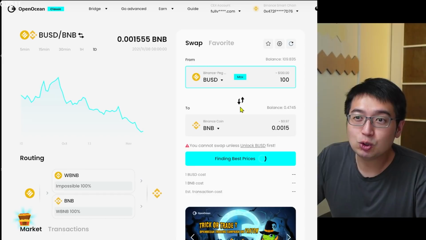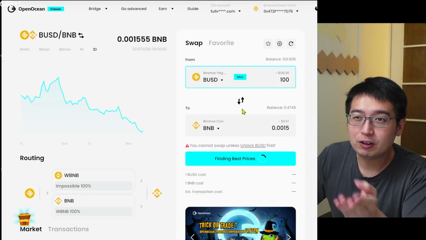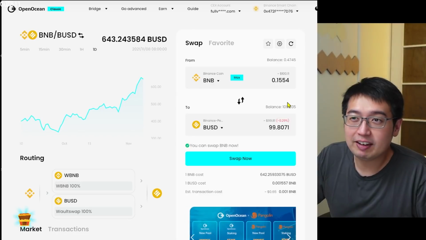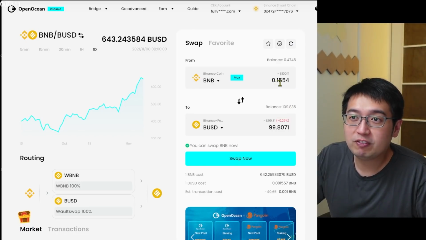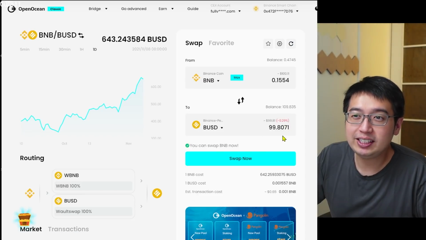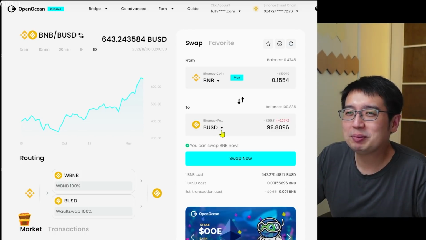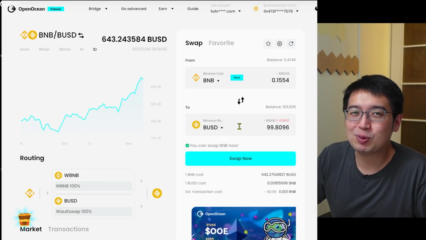When it does, I swap the trading pair so that I'm trading my BNB for BUSD. And now I've done that, I've made that swap, and 0.1554 BNB would get me about $99.80 worth of BUSD. And to make that swap, we could just hit swap now, but we're going to do a more complicated trade so you understand how the platform works.